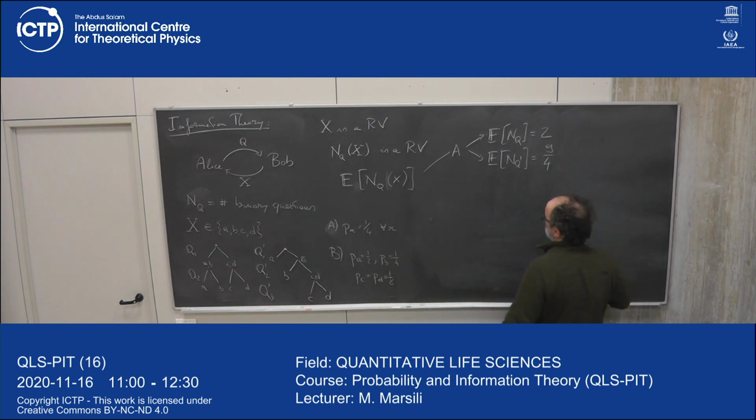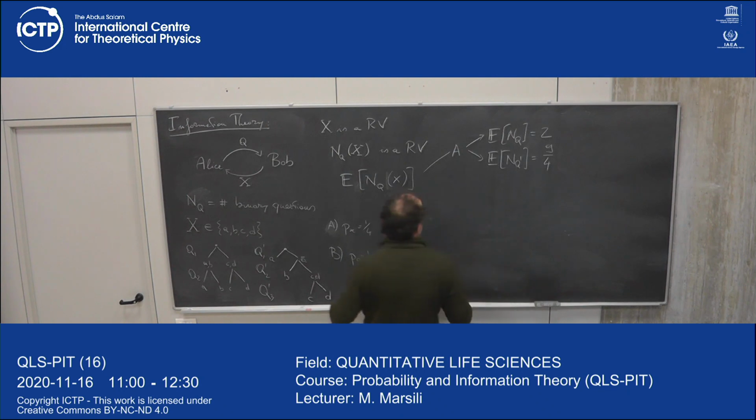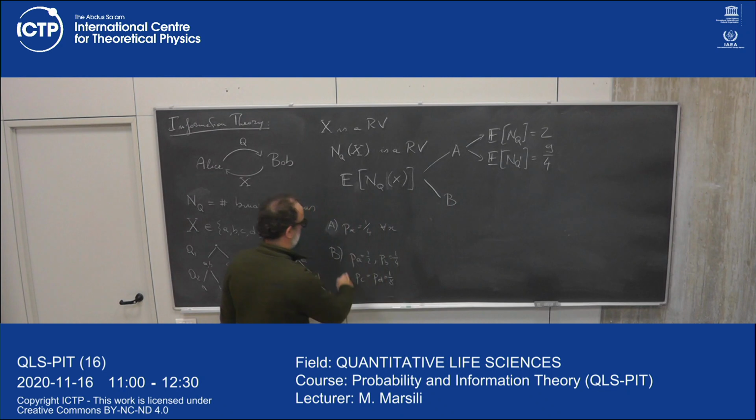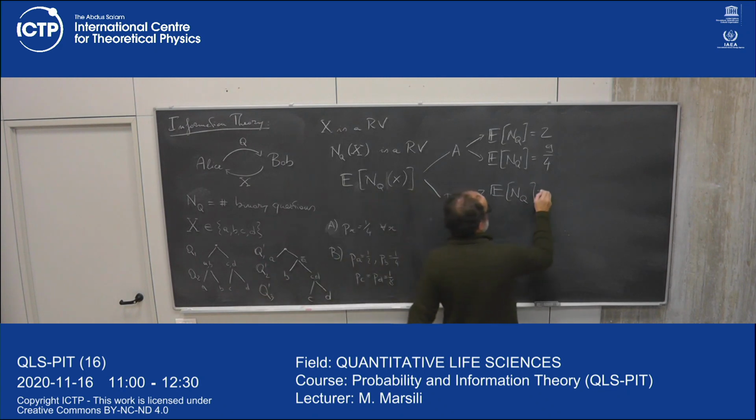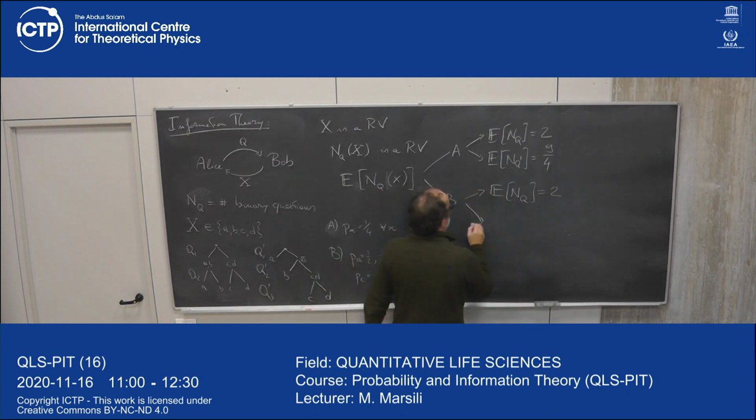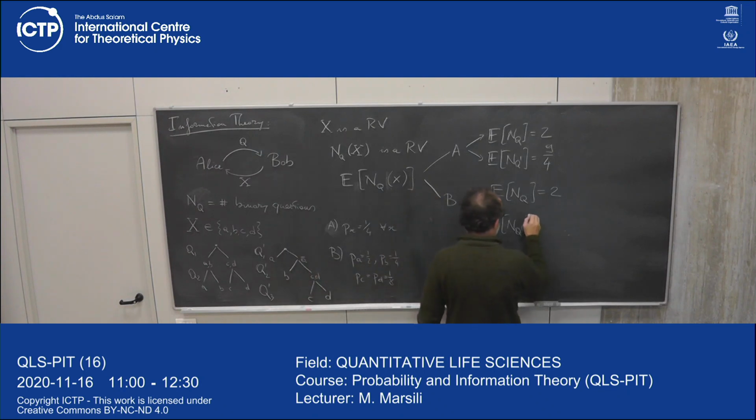However, this is if the probability is uniform, but if the probability is given by this one instead, then again the expected value of the number of questions you have to ask in this case is always equal to 2. And the expected value of the number of questions you have to ask according to these other way of asking questions is 7/4.